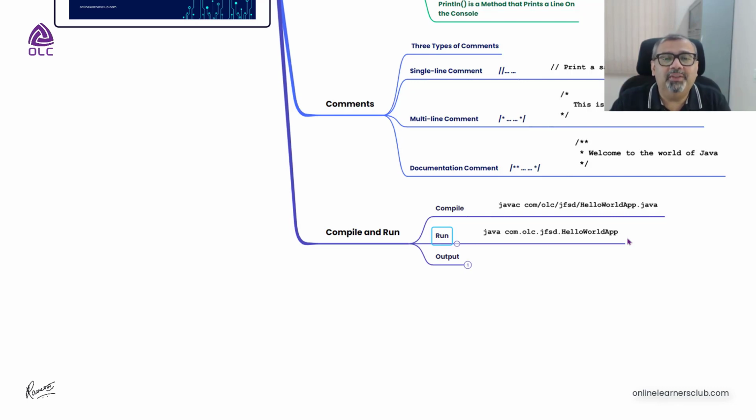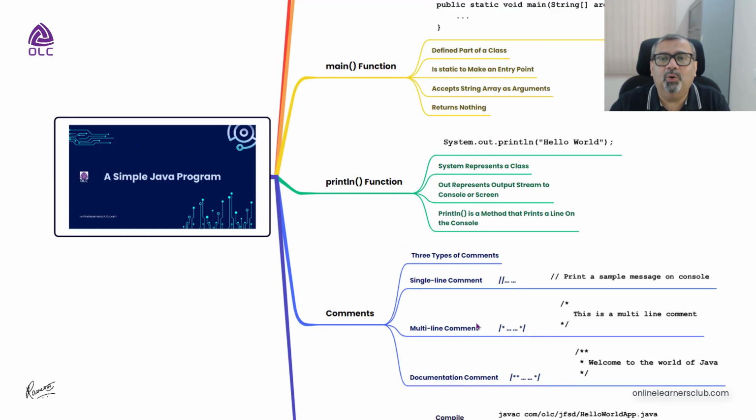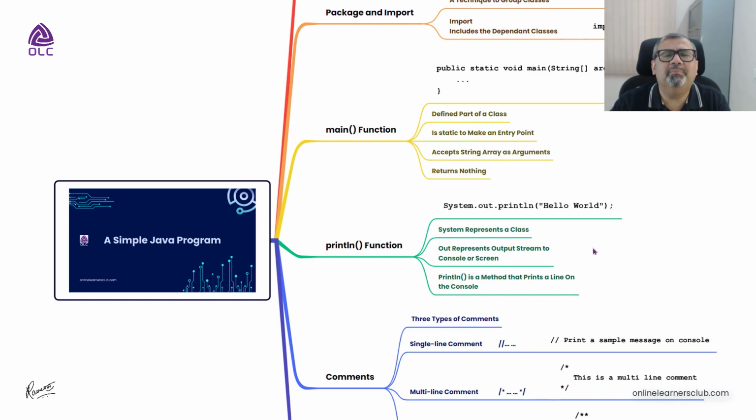So that's how the Java program runs. And obviously you expect an output which is hello world, as we saw in this statement, System.out.println hello world. So this is the mechanism of how a Java program gets executed and what are the different components and elements that we have in a Java program.